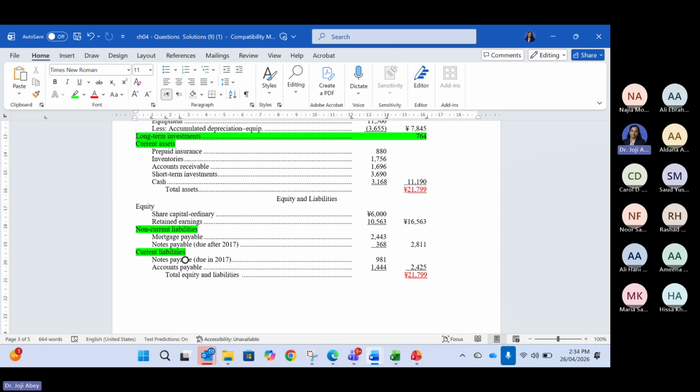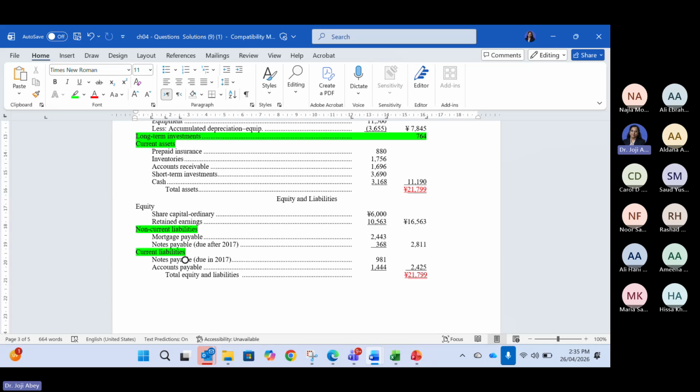What are your current assets? Here in this question, 5 current assets are given: prepaid insurance, inventory, accounts receivable, short-term investment, and cash. When you add these 5 current assets, you will get the total current assets.